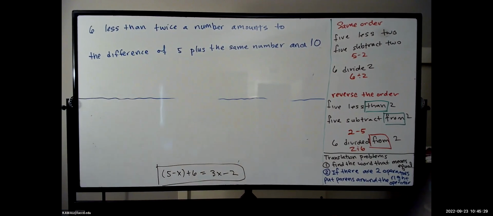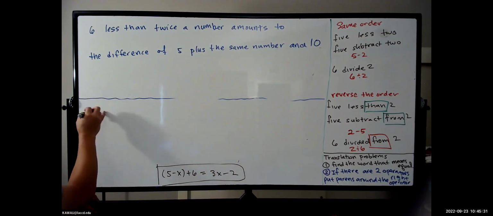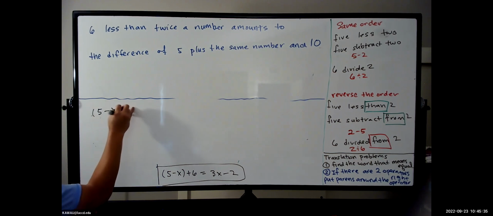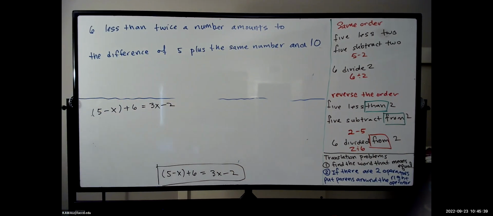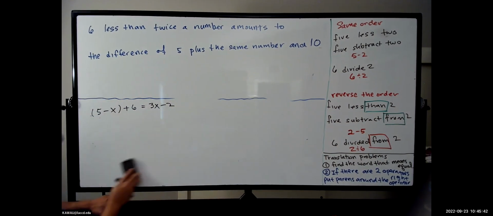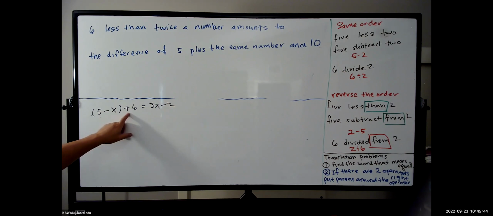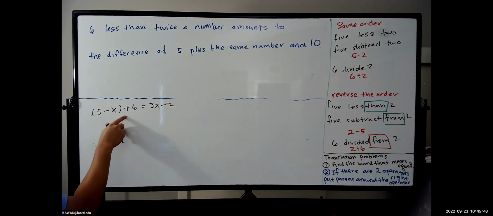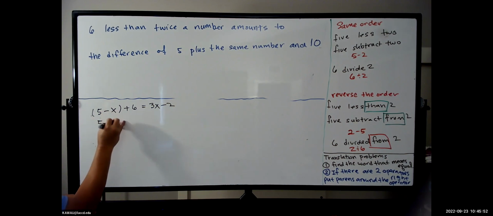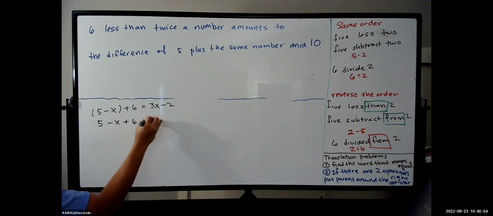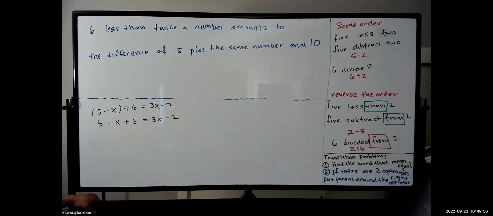Okay. So I have 5 minus x plus 6 is equal to 3x minus 2. Okay. Now, in between the parentheses and the 6 is a plus. So we really don't need the parentheses. We're not actually distributing. Okay.